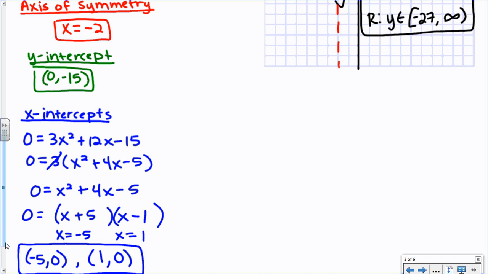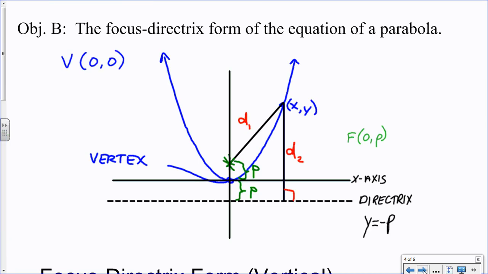Okay, so this is parabolas in standard form. We're going to learn a new form in this section. Okay, so that is called focus directrix form. This comes from the definition telling us that distance 1 equals distance 2.